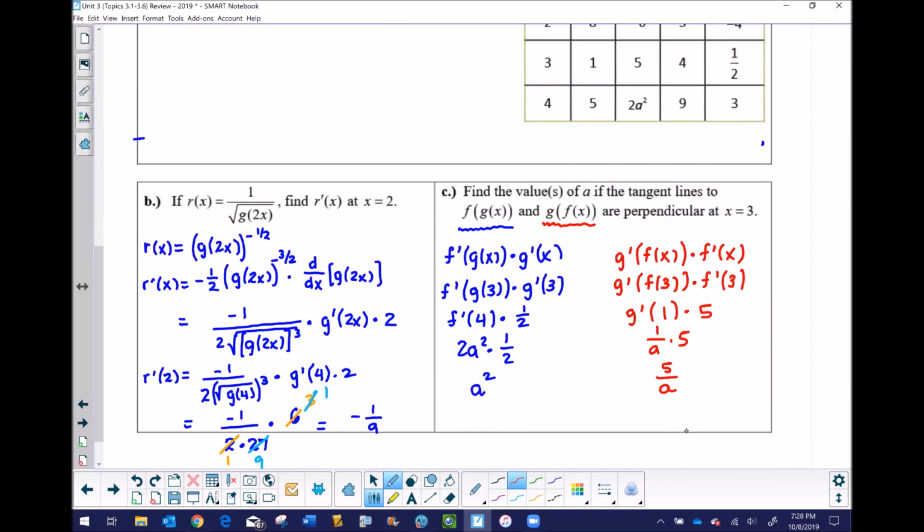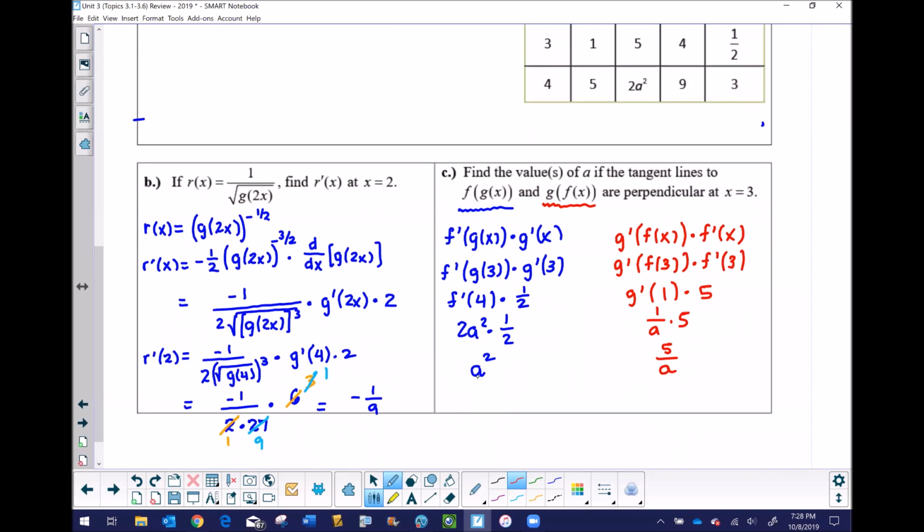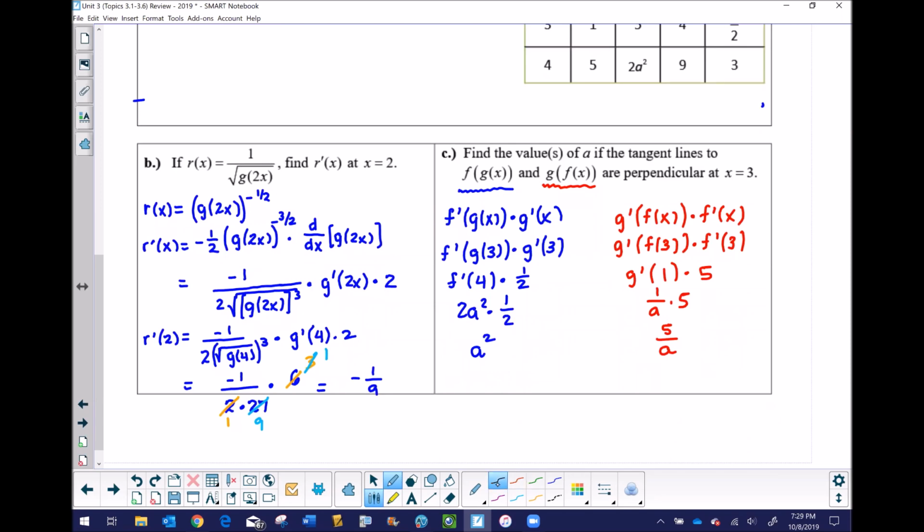Well, basically, you just have to understand that these two things represent the slope of a tangent line, right? You guys know that already. I don't even have to remind you anymore. So then we have to say, okay, we want these tangent lines to be perpendicular, which means that their slopes are opposite reciprocals. There are two different ways that you can do this.